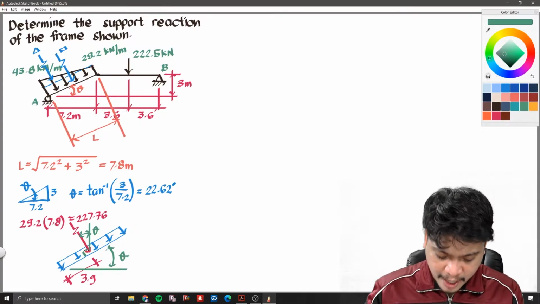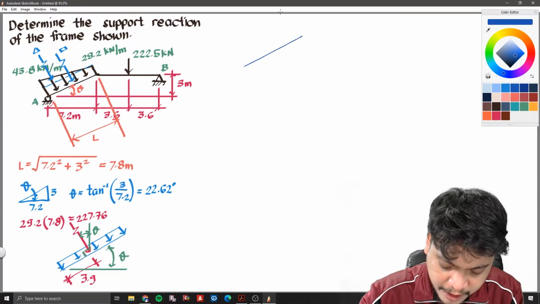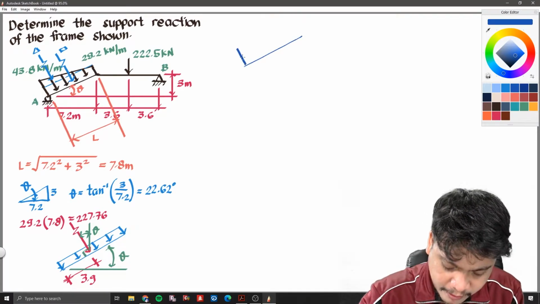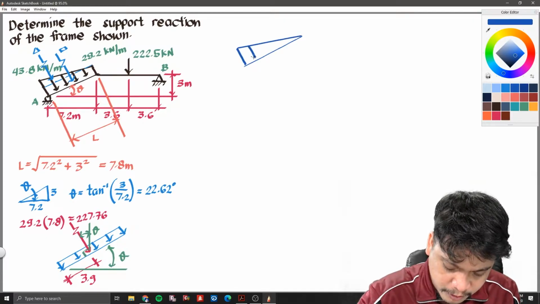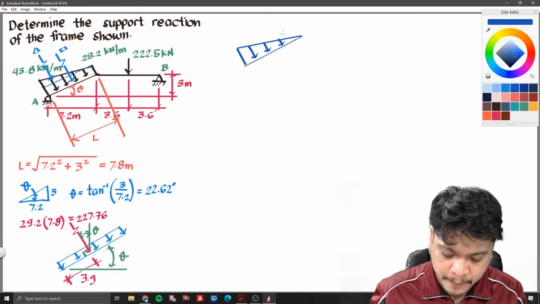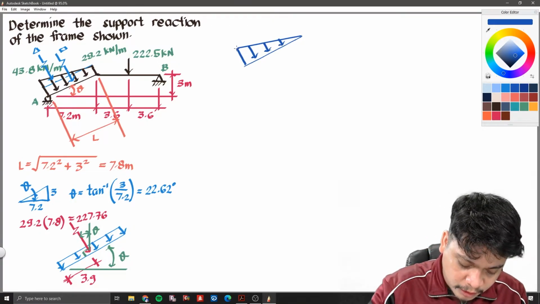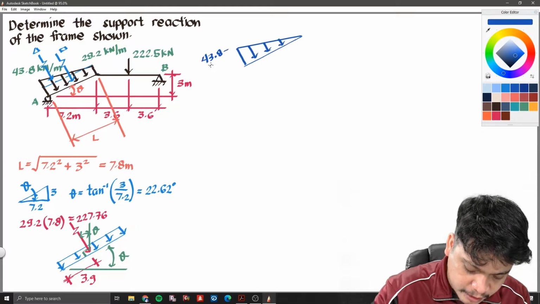Okay? Next, I will try to have now the triangular loading. Okay, pinaghiwalay ko lang, pero that should be the same. Okay? So you will be having here the triangular loading part. Okay. Now, ito, that would be 43.8. Okay, then minus natin yung 29.2.